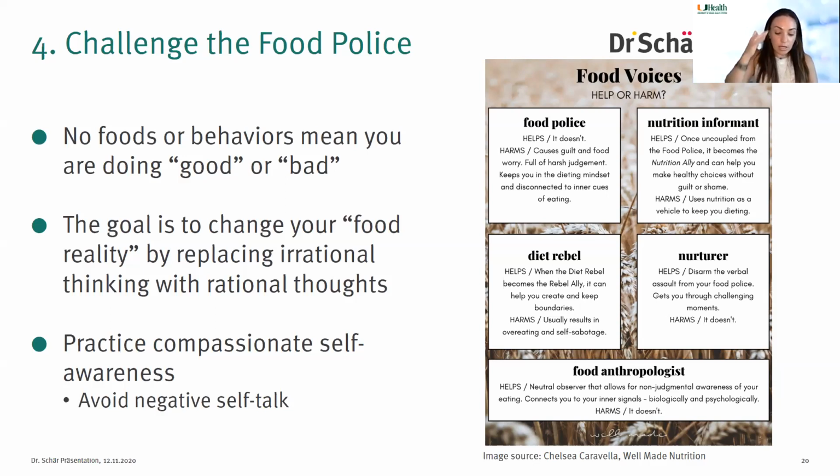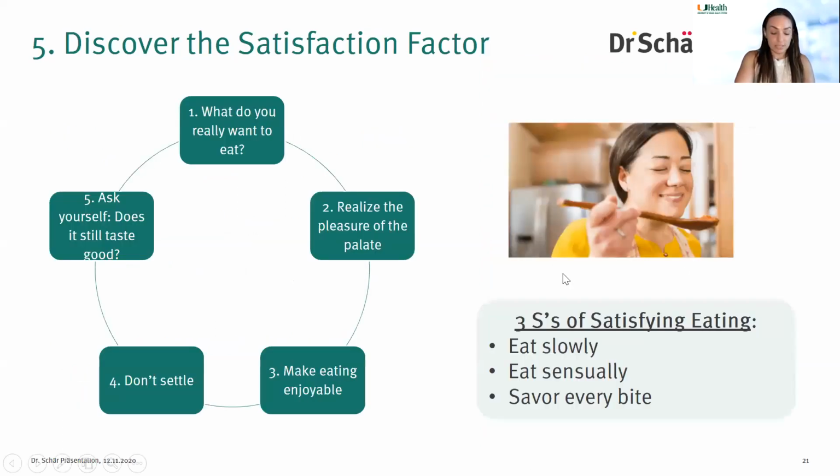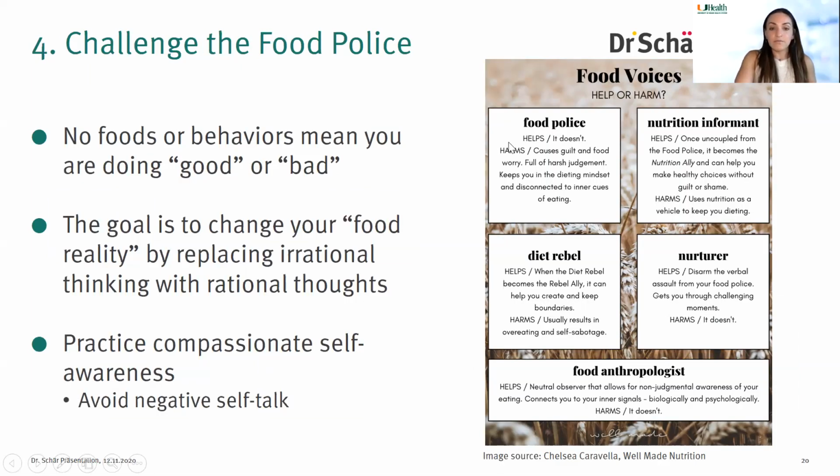And so in terms of the food police and the different food languages, you can see here on the right the different food voices. The food police and the nutrition informant are the two food voices that can have that negative connotation.